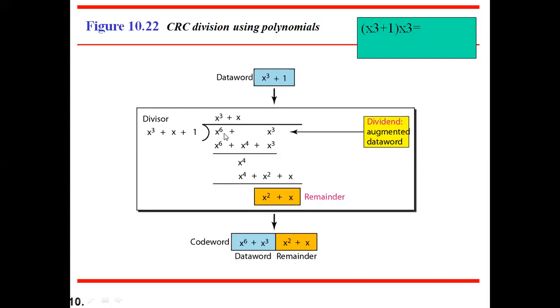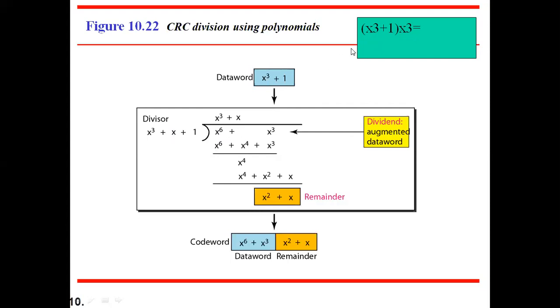X raised to 6 plus x cube. Yes, x to the power 6 plus x cube. So leave one place in between, because in our divisor we have an in-between term also, so that will match here.